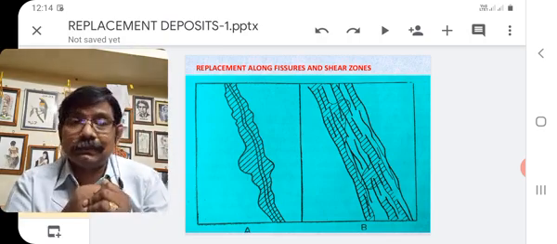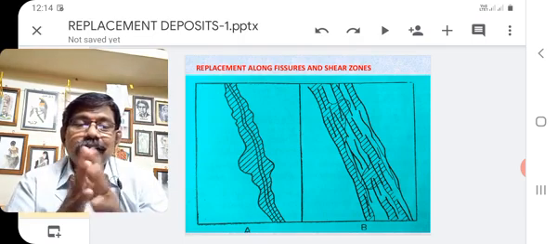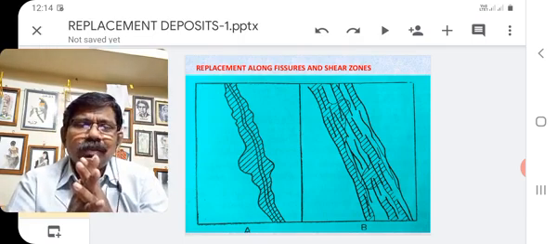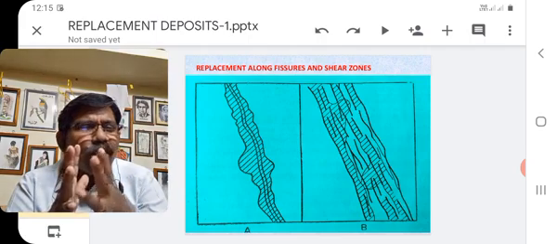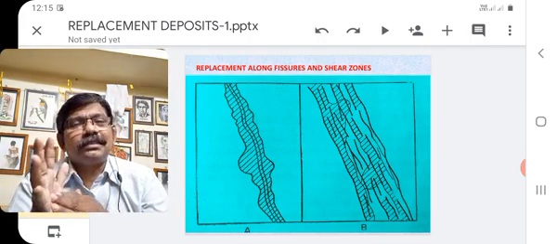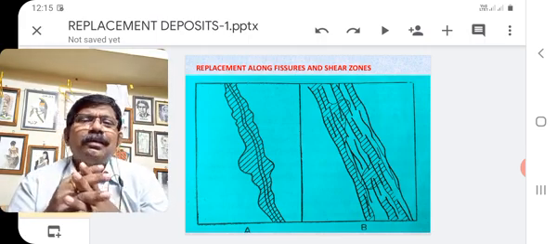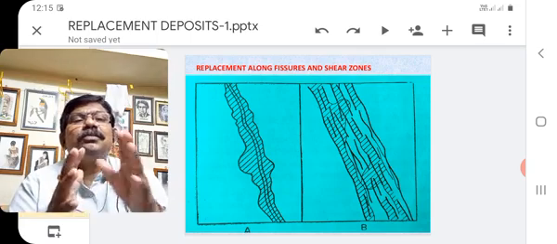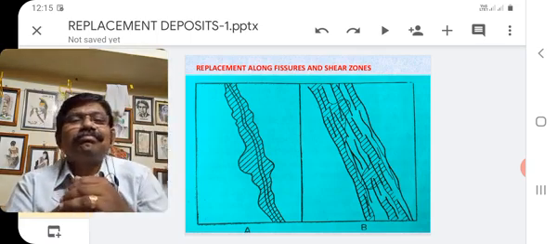What is shear? Due to the tectonic movements of the earth, what happens? Shear displacements, small displacements, take place, just like a fracture zone, a disturbed zone is formed. So you observe that those are all cut down.